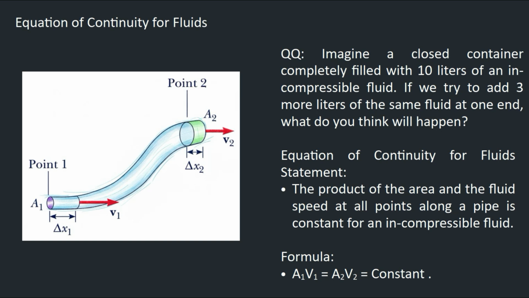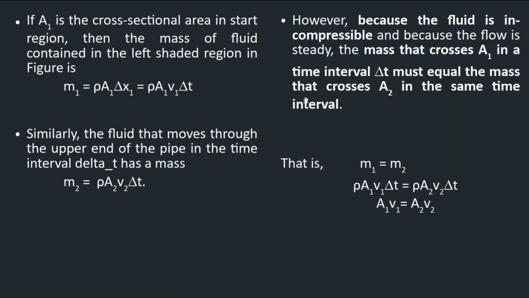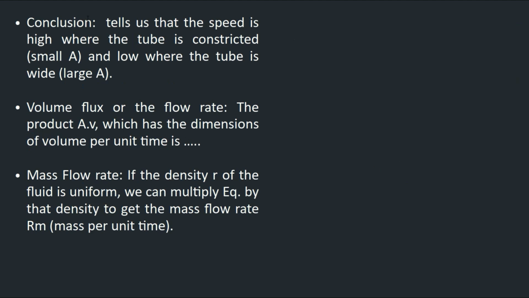So, you have this derivation over here in a very neat manner with written statements and everything that I'll show to you guys. So the conclusion is that the equation tells us that the speed is higher where the tube is smaller and lower where the tube is wider, right?